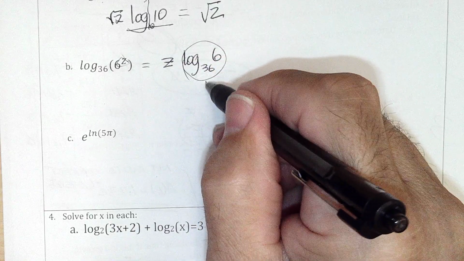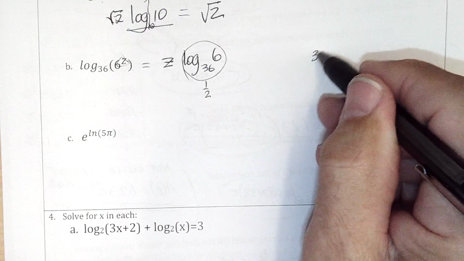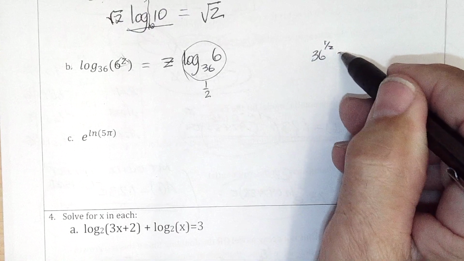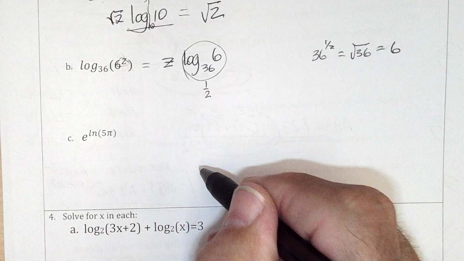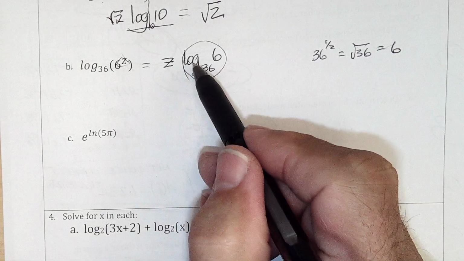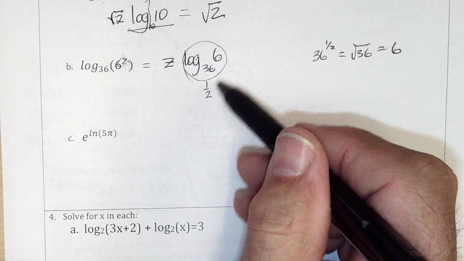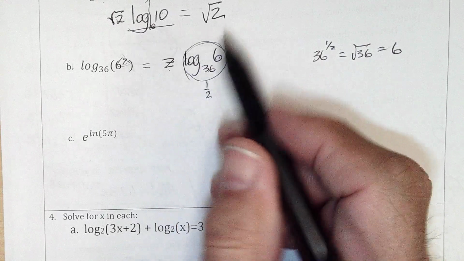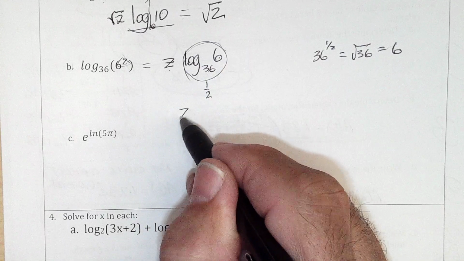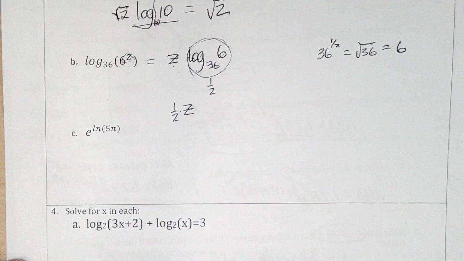So this is 1/2 because 36 to the 1/2 means square root of 36, which is 6. So 36 to 1/2 is 6. So this is 1/2 times z. So the answer to this is z times 1/2. Often written the half first.